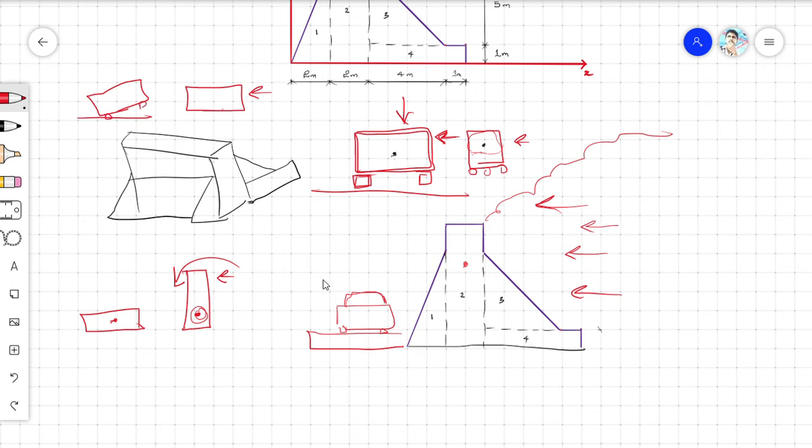But you see this auto or Nano car, the overturning is also very high. There is a higher tendency of overturning. That means the stability is not that good at high speed.